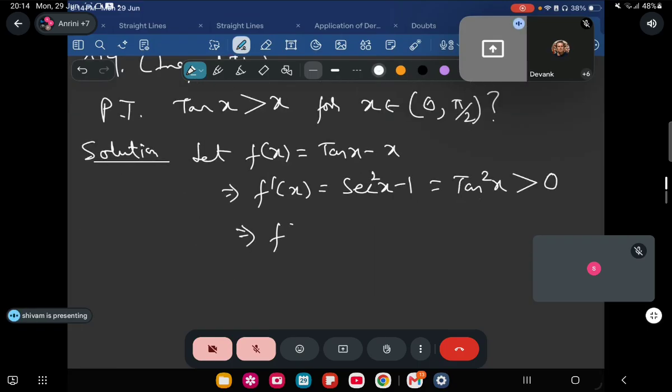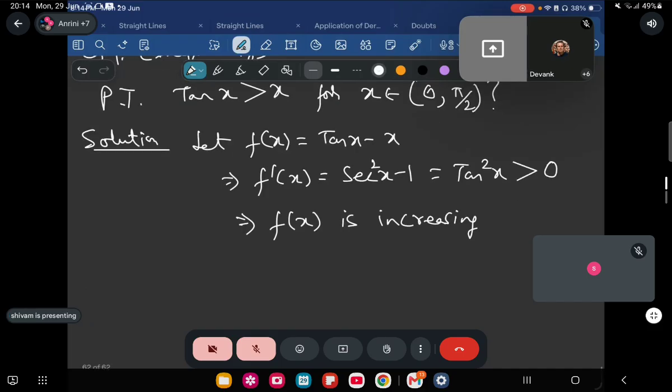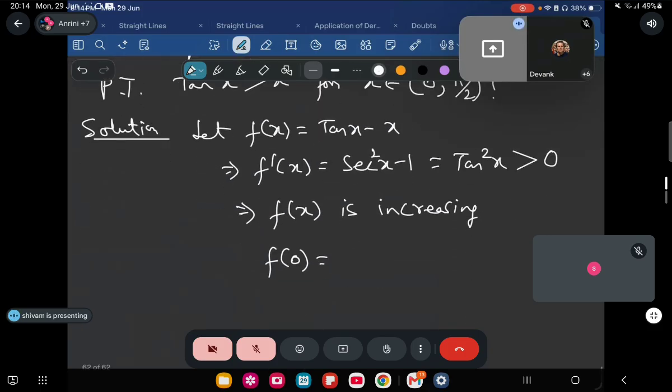This implies, can I say that f of x is an increasing function? Yes. And if f of x is increasing, what is f of 0? F of 0 is equal to 0.